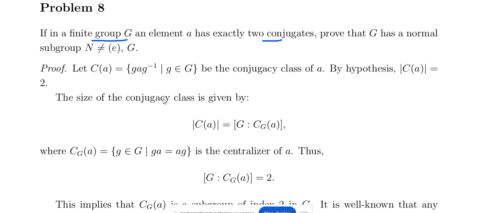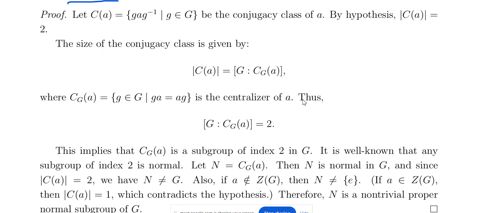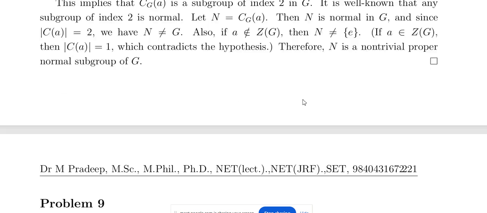Prove that G has a normal subgroup N not equal to E. So in a finite group G, if an element A has exactly 2 conjugates, then G has a normal subgroup that is not equal to E, and not equal to G either. That is the idea.